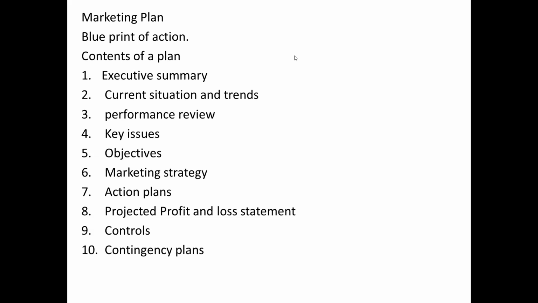The next is the current situation and trends. Now, this section should present the relevant background data on sales. So one should be able to understand what is the sales figure previously and currently, whether it has over time increased, decreased, or is constant.